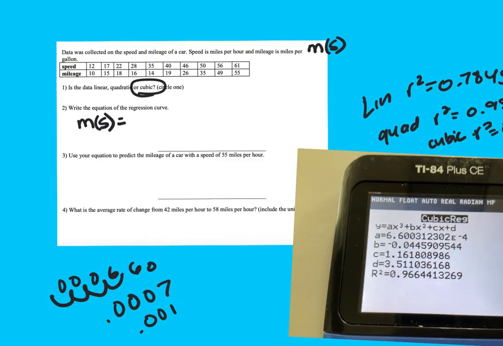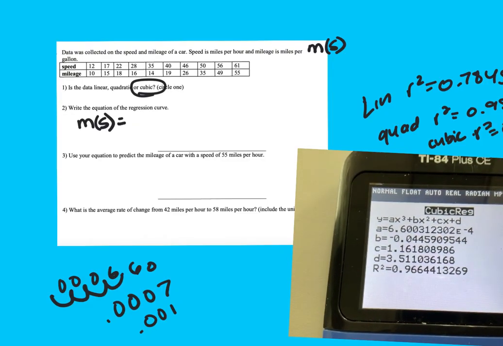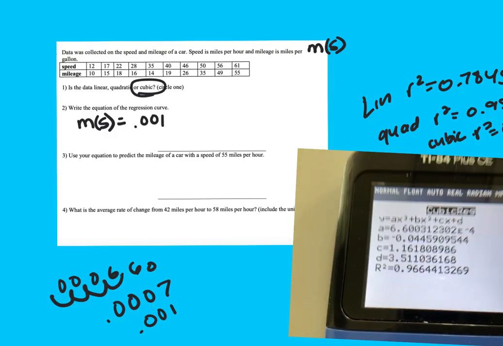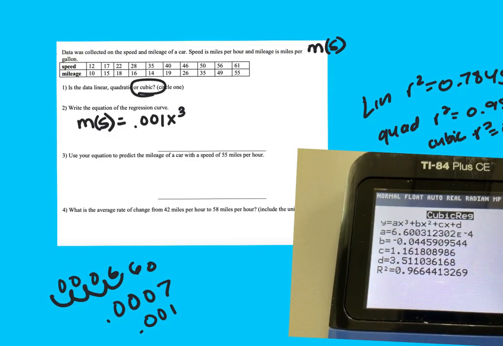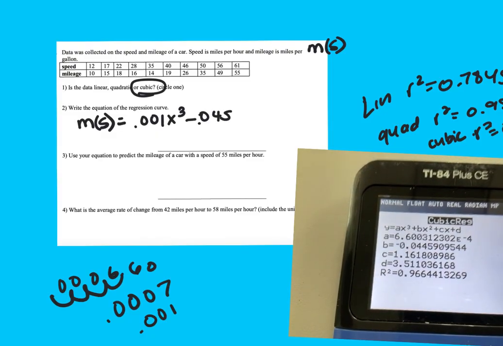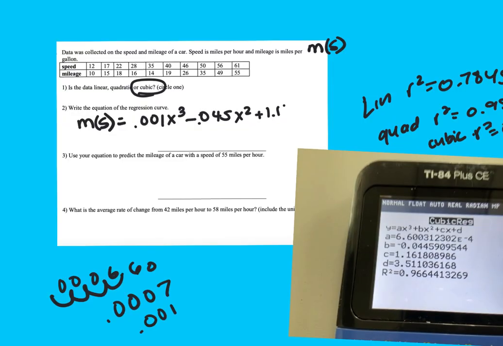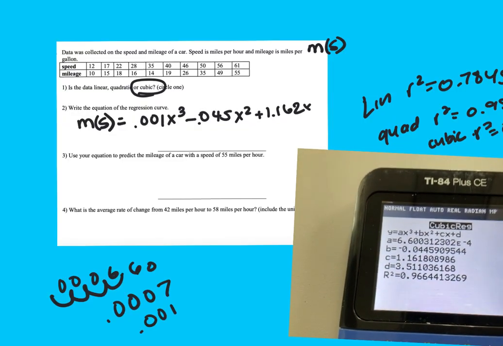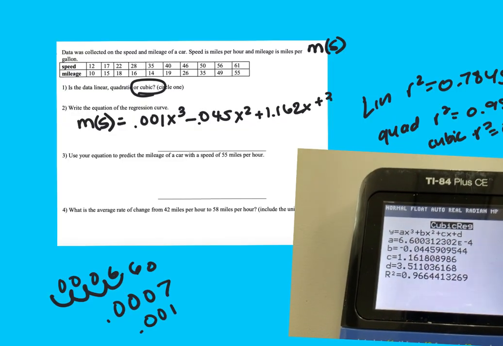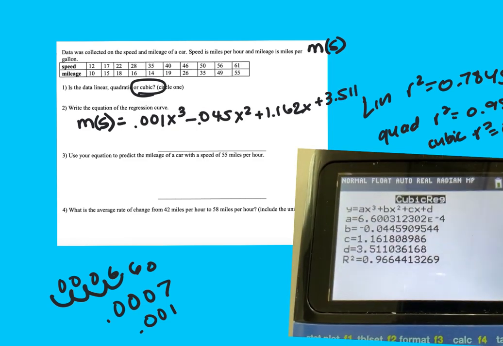You cannot round that to 0 because then it eliminates your x to the third, okay? So this is 0.001 x to the third minus 0.0445 x squared plus 1.162 x plus 3.511. Still with me?